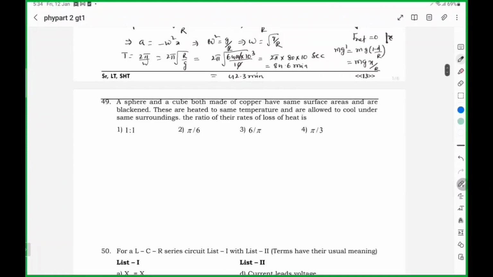Here, rate of heat loss by Stefan-Boltzmann law, dq by dt is sigma E A into T power 4 minus Ts power 4.